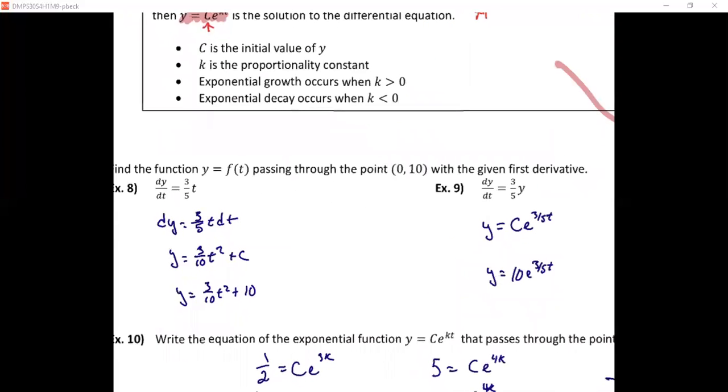So examples 8 and 9 are really just both done to highlight that this y prime equals k times x, or in this case t, or this one is y prime equals k times y. So one is the independent variable, and this one's the dependent variable, and that shows you that we have two different types of functions that result. So when we're dependent on the independent variable, then we integrate both sides, and you'll see it turns into a quadratic relationship.